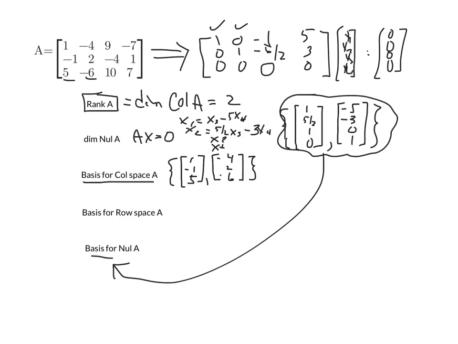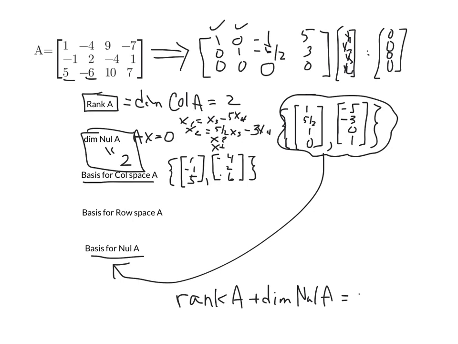Basis for the column space we've already done, but that gives us that the dimension of the null space is equal to 2. So the dimension of the null space is 2, and the rank is the dimension of the column space, which is also equal to 2. That brings us to a theorem that I haven't mentioned, but it's in your lecture guide: the rank of A plus the dimension of the null space of A is equal to n.